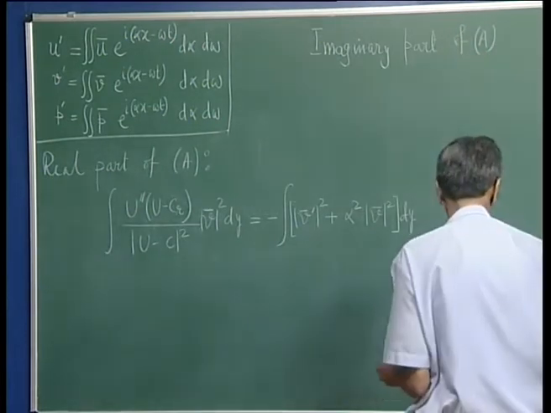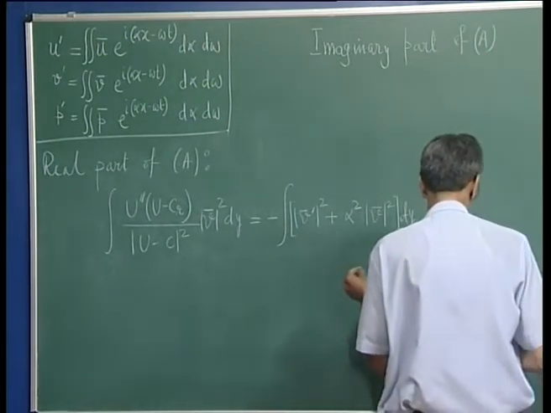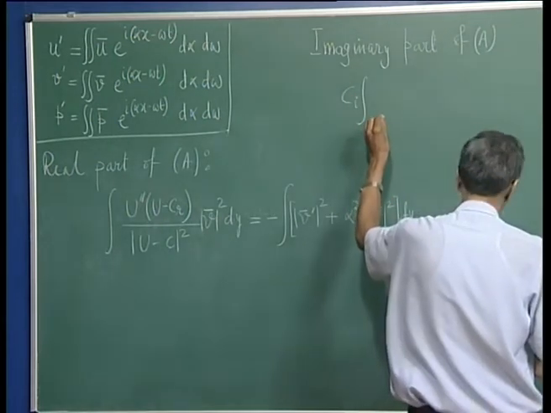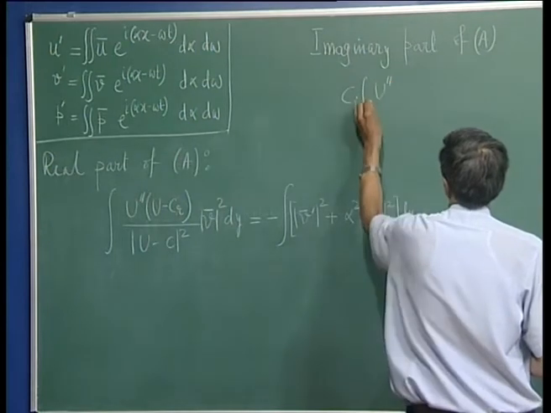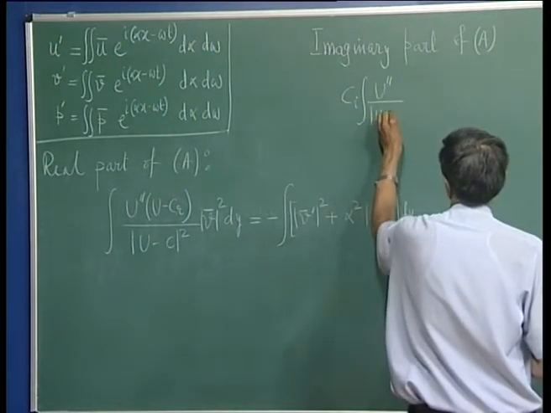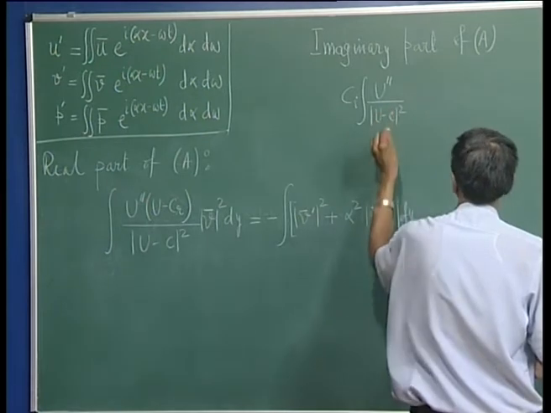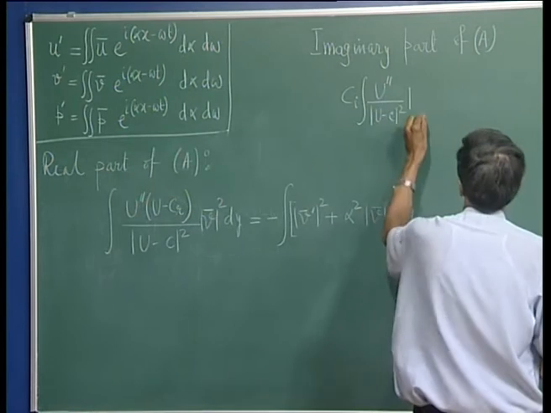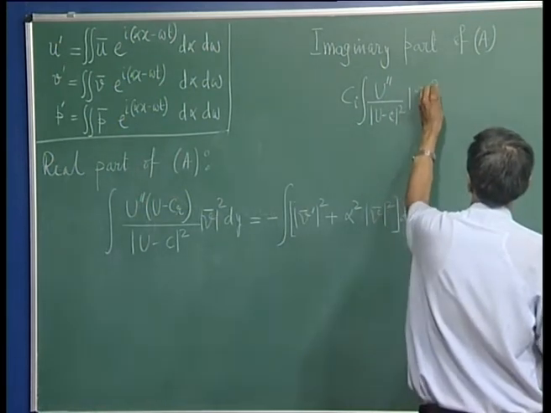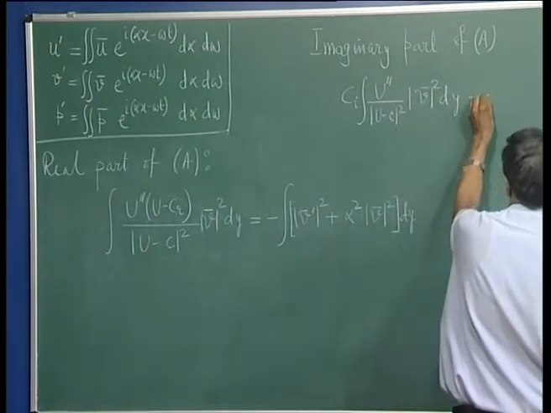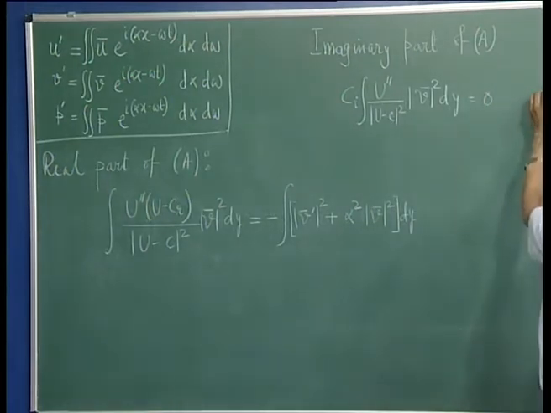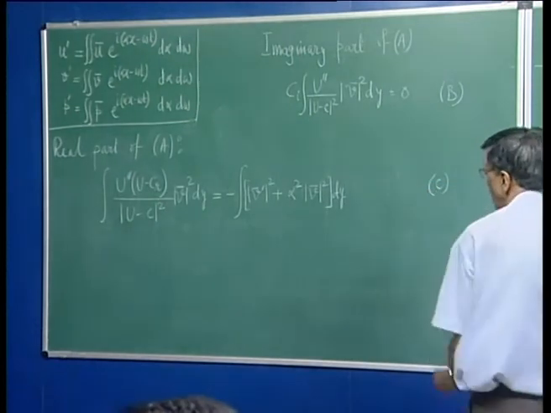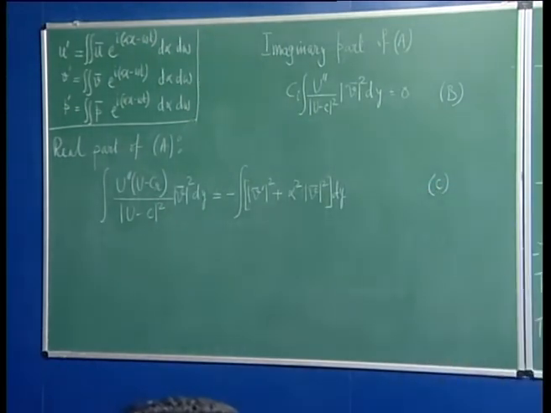That is the following: c i times u double prime divided by u minus c whole square, and then we had square dy. Let us call this equation B, and let me call this equation C, capital C. Okay. So, we have this.